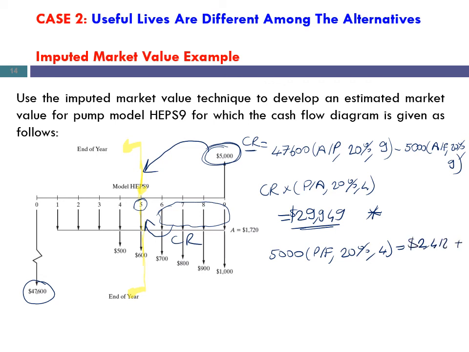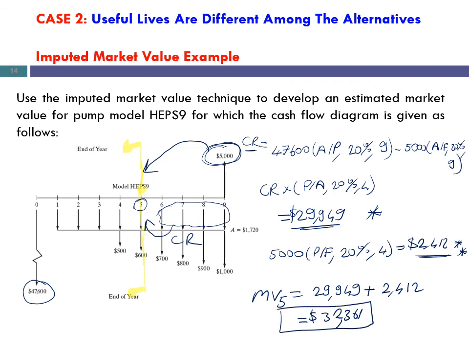And this is the second part of the imputed market value. Then we can say that the market value at time 5 will be the summation of these two, the remaining amount of capital recovery plus the equivalent worth of the original market value, which is $32,361. So this is the estimated market value at the end of year 5.